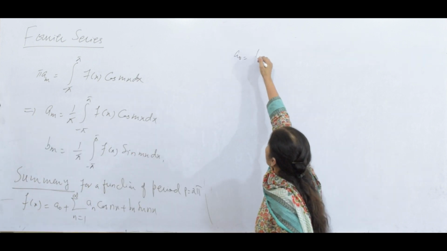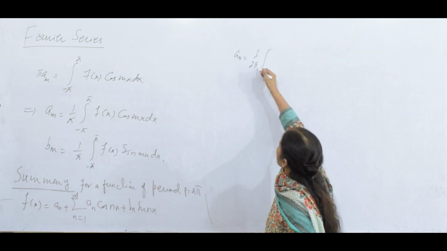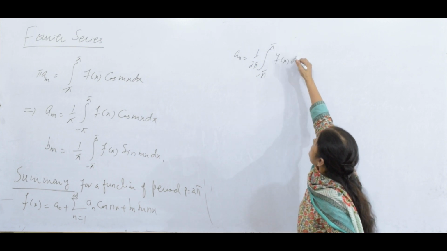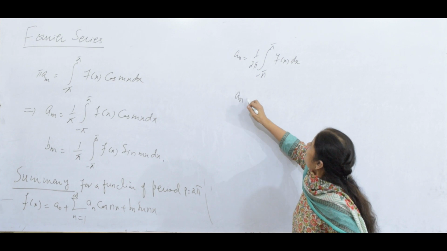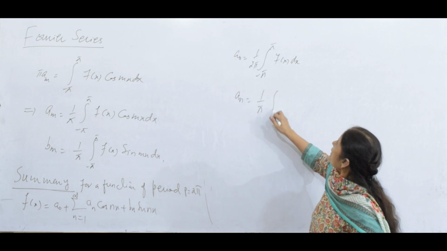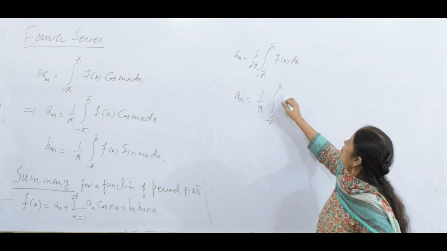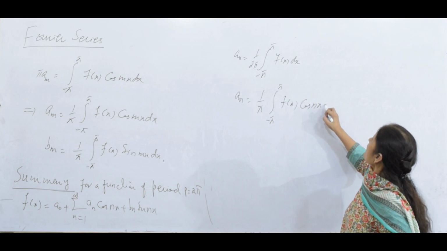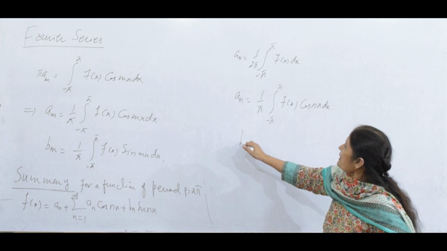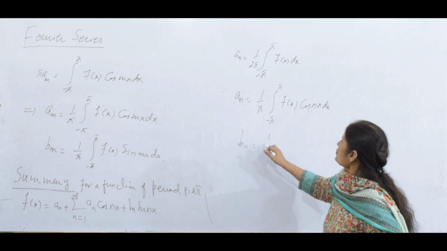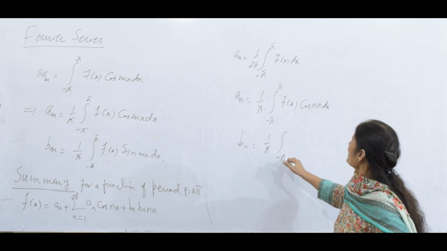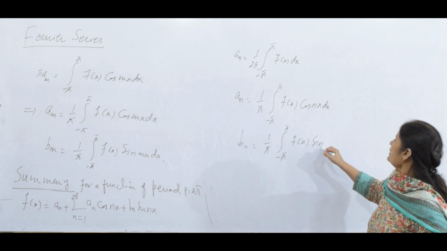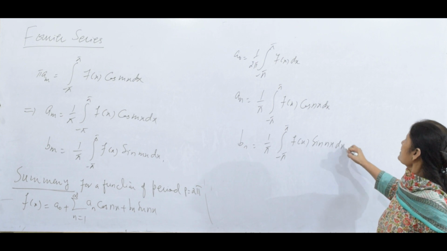a naught is 1 over 2 pi times the integral from minus pi to pi of f(x) dx, and a_n is 1 over pi times the integral from minus pi to pi of f(x) cos nx dx, and b_n is equal to 1 over pi times the integral from minus pi to pi of f(x) sin nx dx.